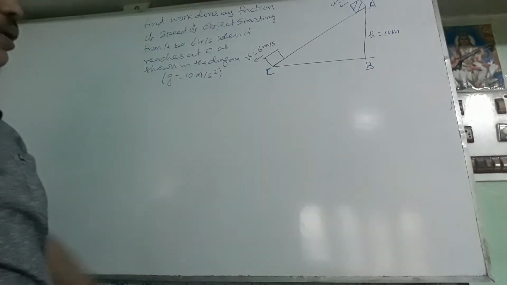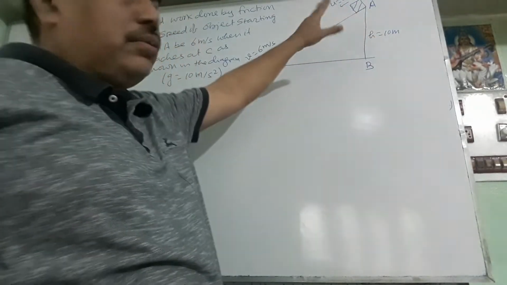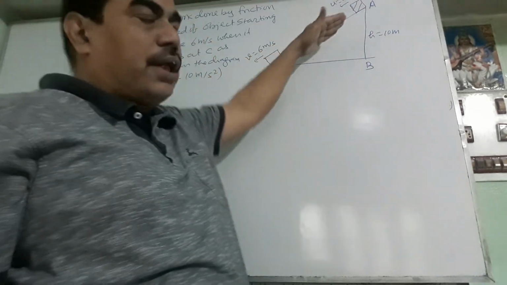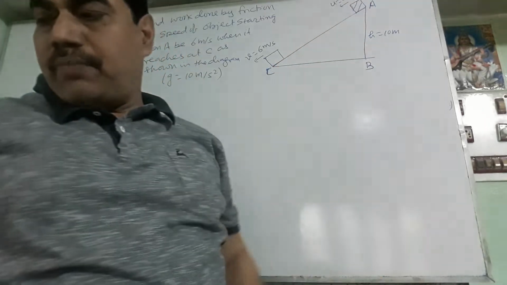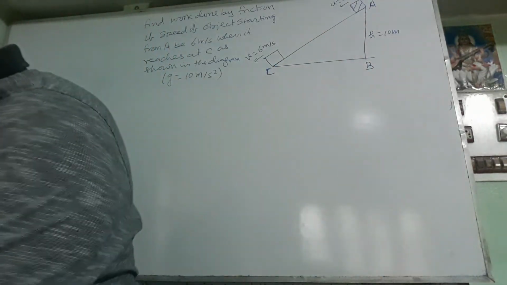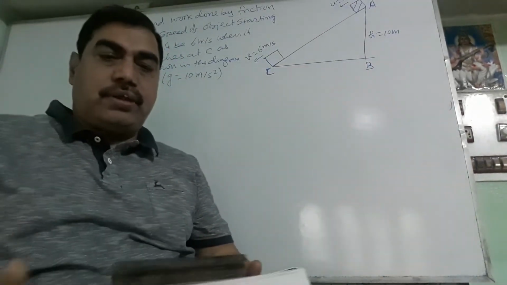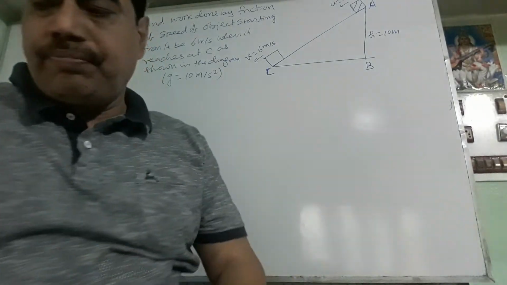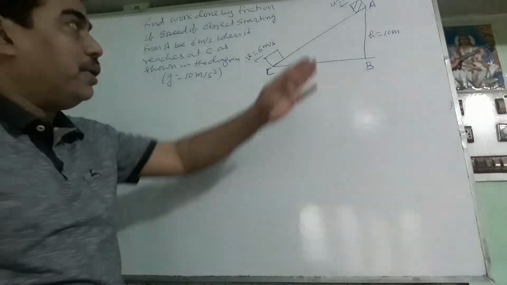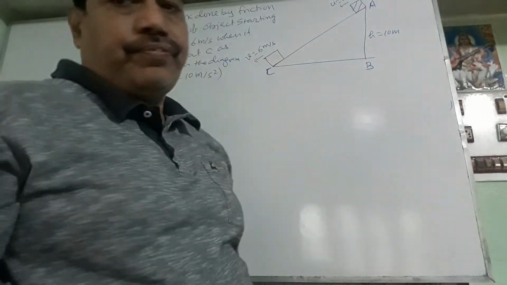So here you are given an inclined plane, the shape of the surface is like this. When the object is placed here on the inclined plane, the object will start slipping, so it will start sliding.